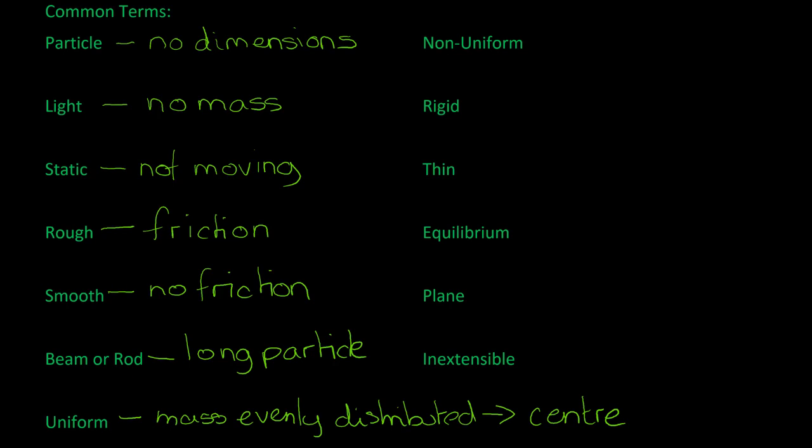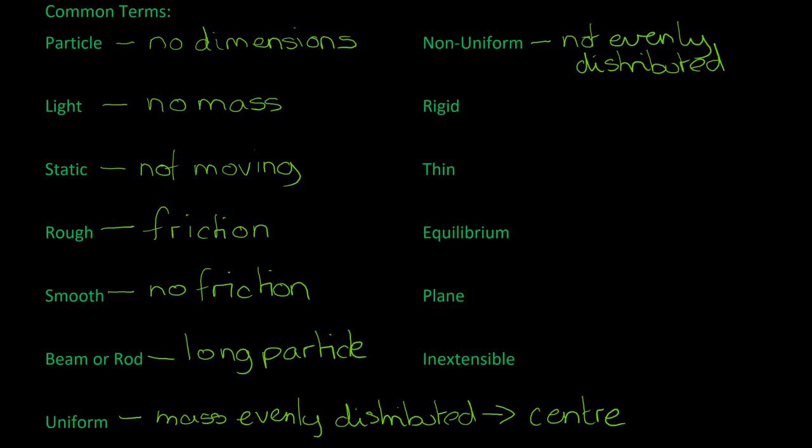Obviously non-uniform means the opposite. It's not evenly distributed, and therefore it's a trickier situation in terms of working out where the mass is acting, but generally speaking you tend to get uniform objects.